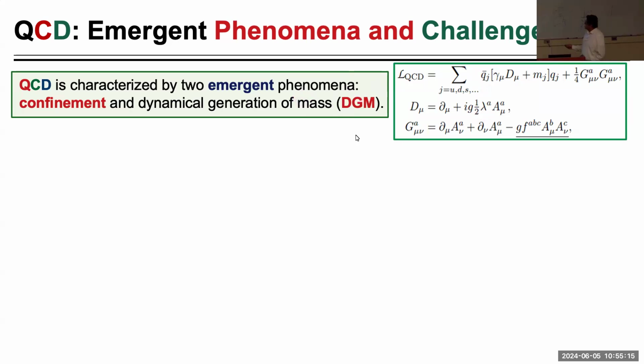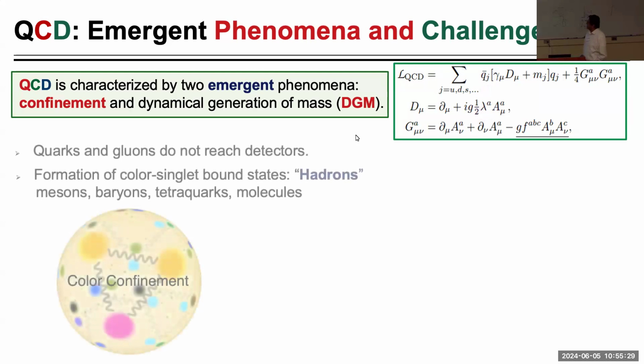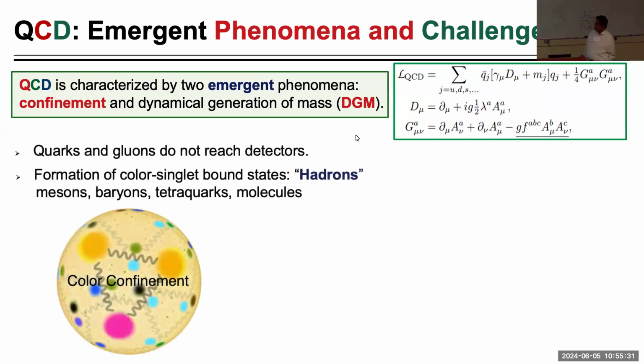So you can study it, of course, at the level of perturbation theory when the interaction strength is small, when we are probing the quarks at small distances or large momenta. But then, of course, there are phenomena which are intrinsically non-perturbative.